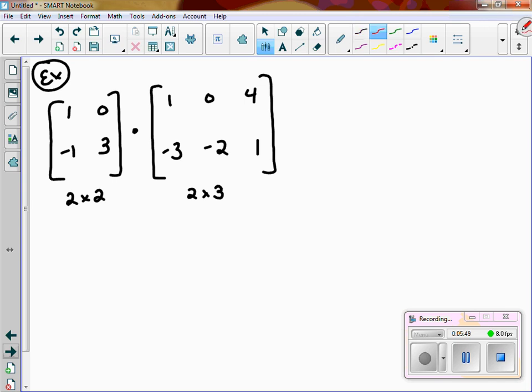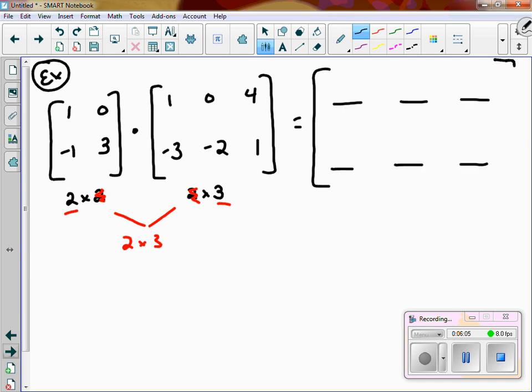So right now, I know my final dimensions are going to give me a 2 by 3, which is in this form. All right, so I'm going to leave that up there, and I'm going to do the work down below.